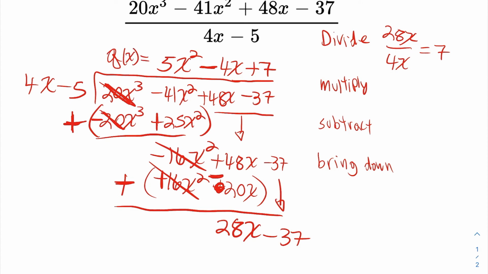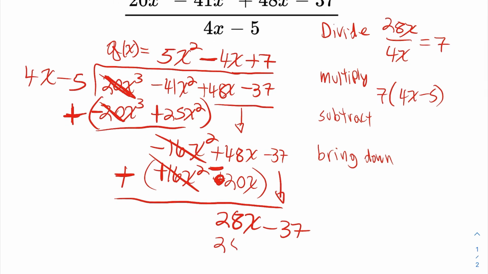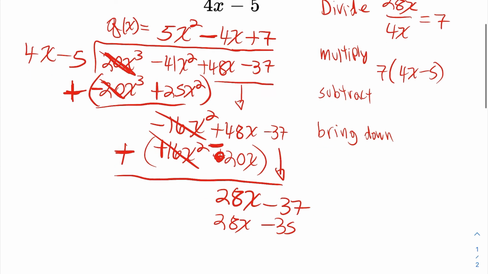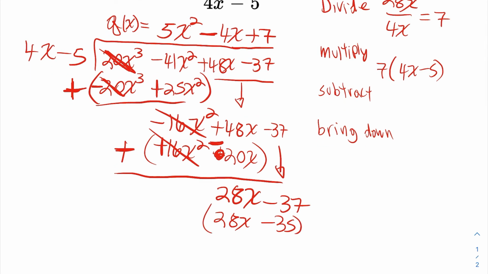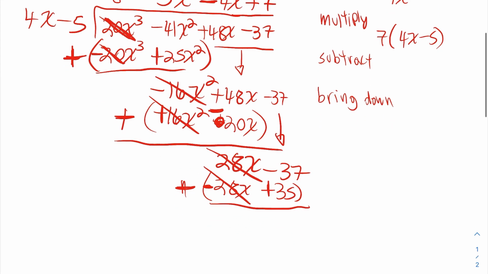And then I'm going to multiply that 7 by 4x minus 5, the result being 28x minus 35. Then I'm going to subtract that from the 28x minus 37. So I'm subtracting, which means I need to actually subtract the 28x and add the 35. These will cancel as they should, and the remainder is negative 2.